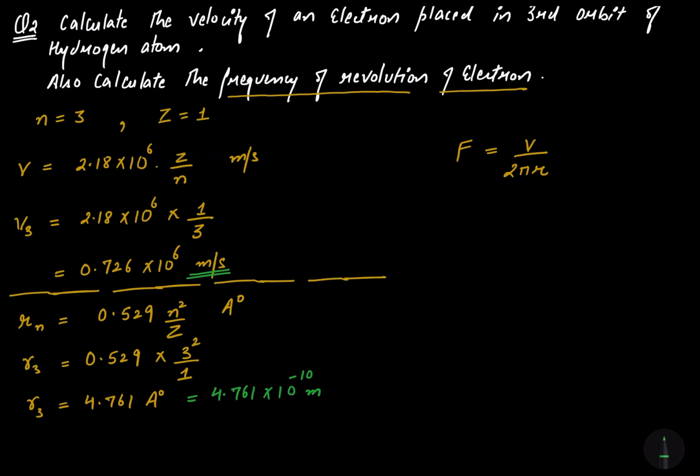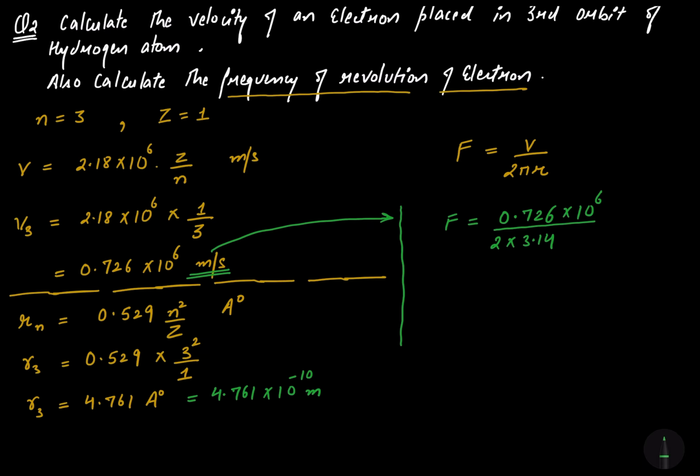Now let's calculate the frequency. The velocity of electron in the third orbit, which I have just substituted here, is 0.726 into 10 to the power 6, sorry, not 0.729. Now it is divided by 2 pi r, where the value of pi is 3.14.